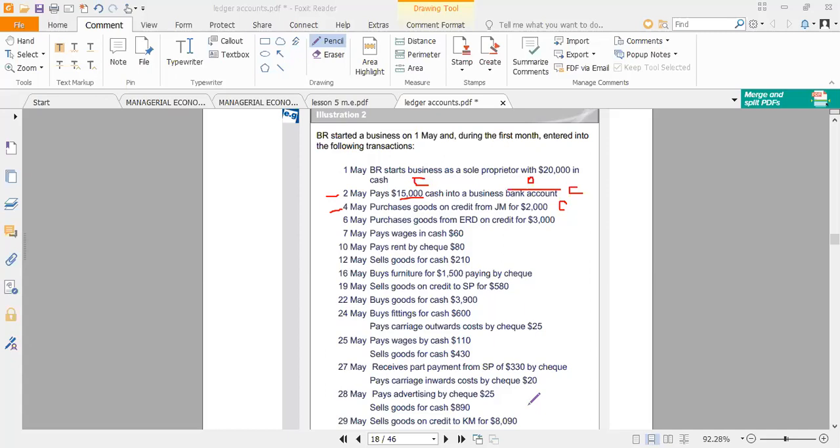The other term is called returns outwards. The document produced for returning goods outwards is called a credit note. The document produced for returning goods inwards is called a debit note.